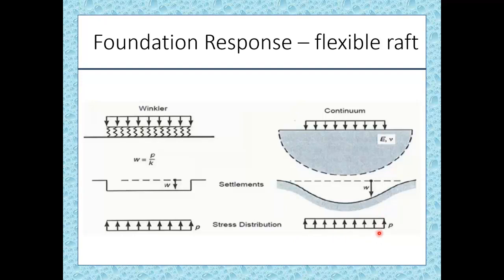But the settlement is going to vary. The high settlement is seen at the center of the raft, and the smaller settlement is seen at the edge. Again, based on the definition of the Winkler springs, we would be expecting higher springs at the edge and lower ones at the center, having low rigidity.